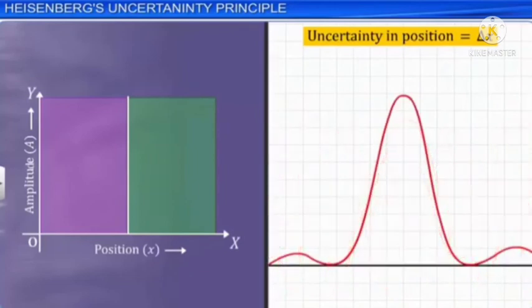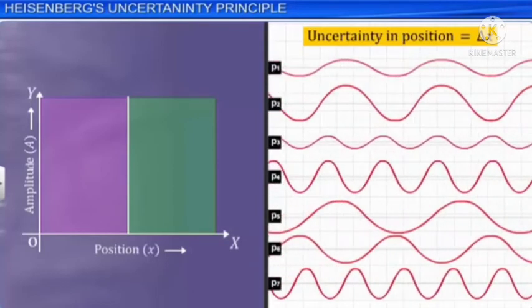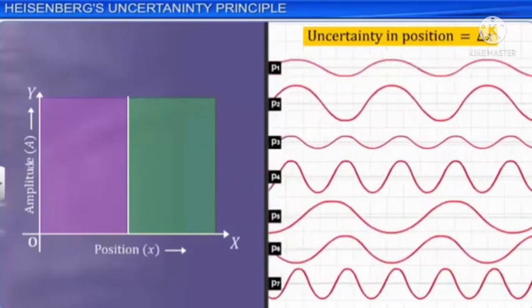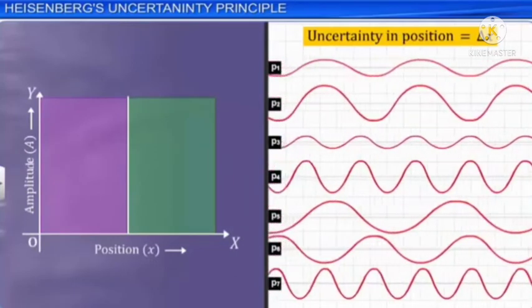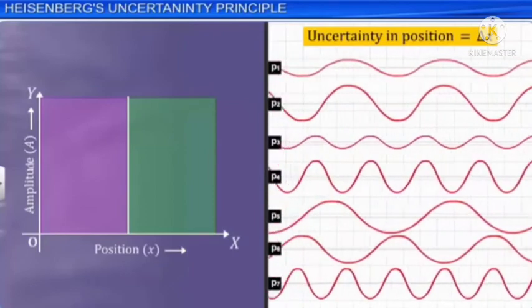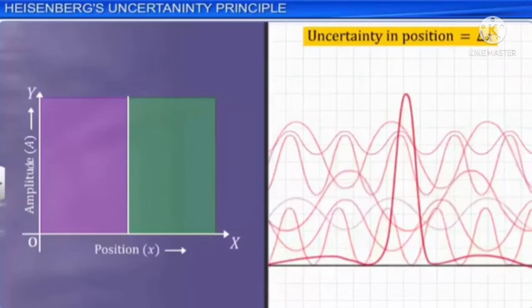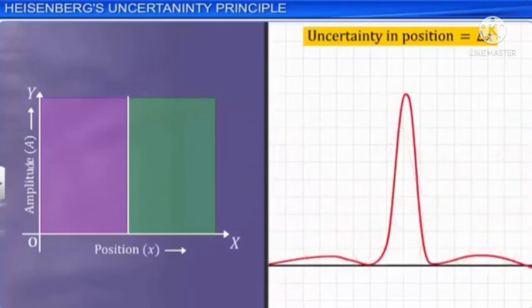This means that the uncertainty in the position of the particle delta x has decreased compared to the previous case. Thus, as we go on increasing the number of superimposing wave functions, we see the single wave function obtained by their superimposition resulting in a narrow peak. Thus, the uncertainty in the position of the particle reduces.